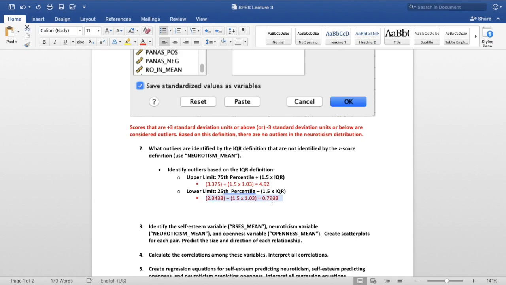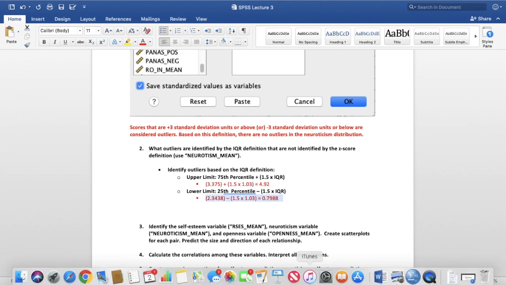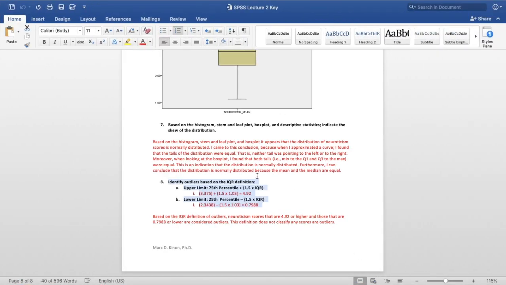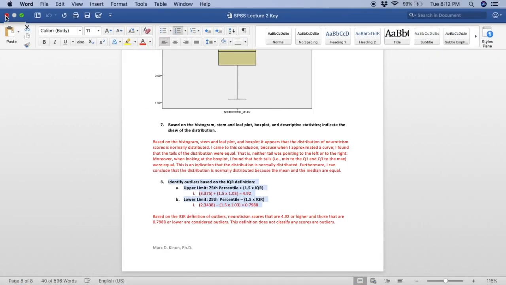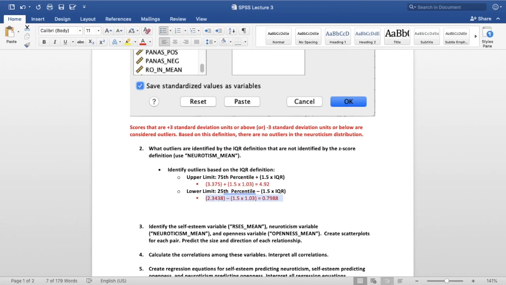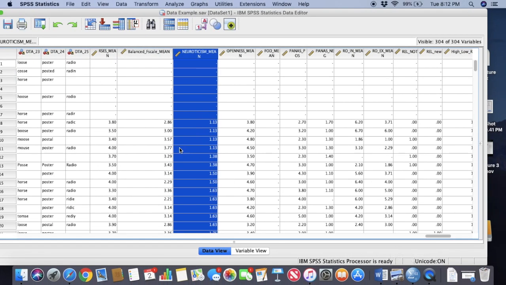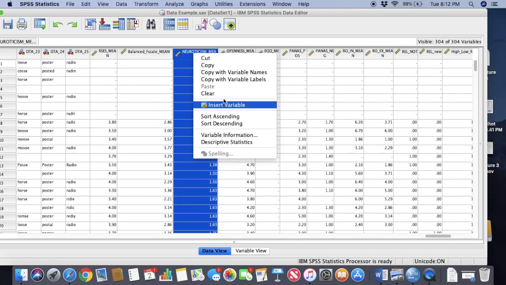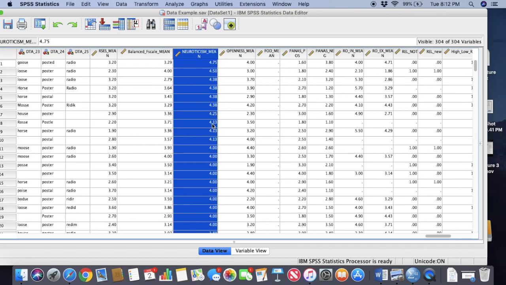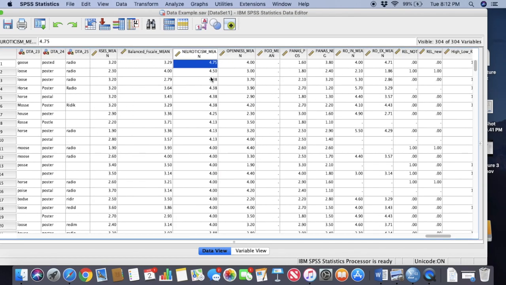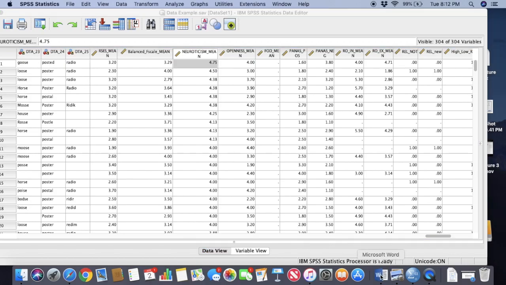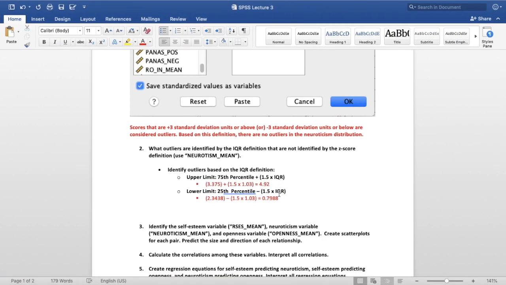So there's nothing that's 0.8 or lower. Oops, let me go ahead and close this. Let's go back to SPSS, and we'll sort the other direction. So descending. And our highest possible value is a 4.75.